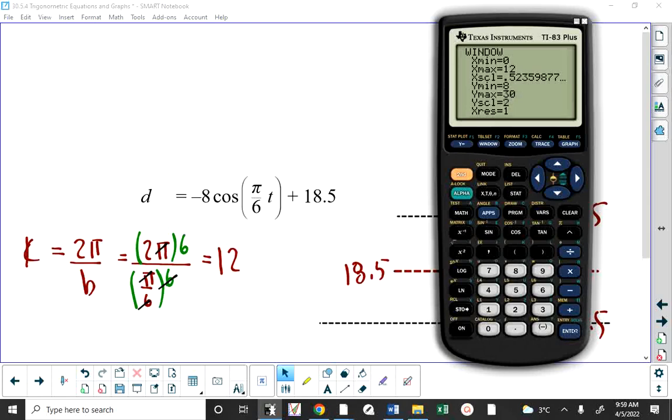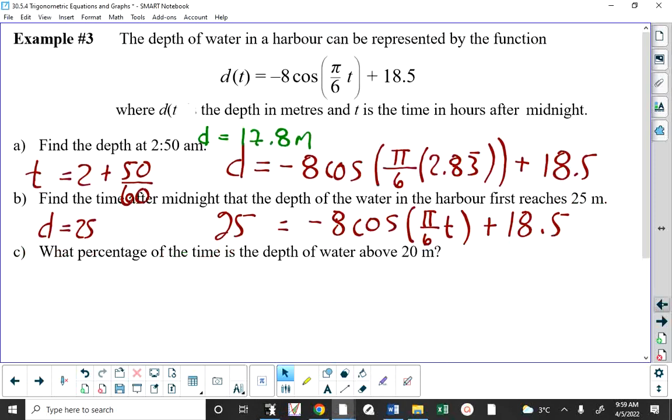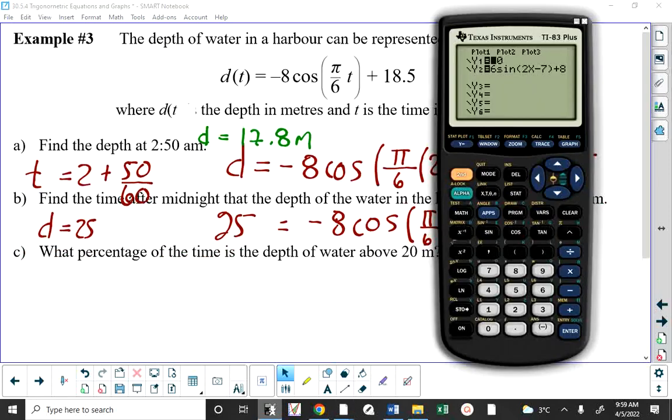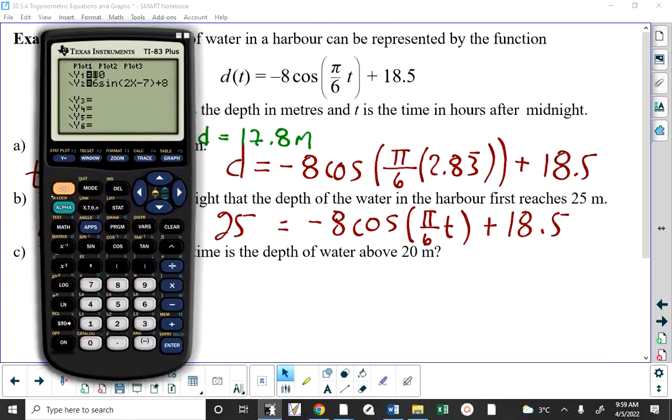I do like to have a little bit of cushion between the lowest and the highest, or above the highest and below the lowest. And now I can enter my equation that I'm trying to solve. We're looking at what I have written in B. So we want 25 to be the same as negative 8 cos pi x over 6. This is just how I prefer to enter pi over 6 times x.